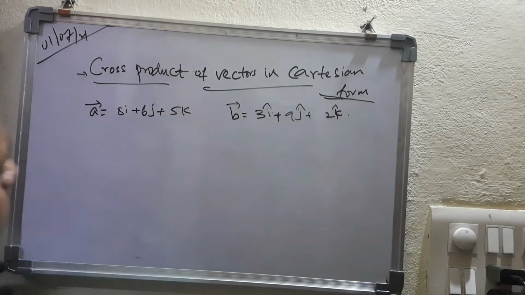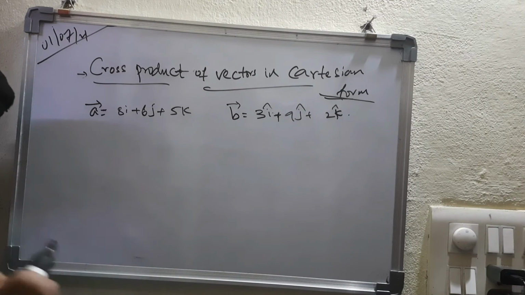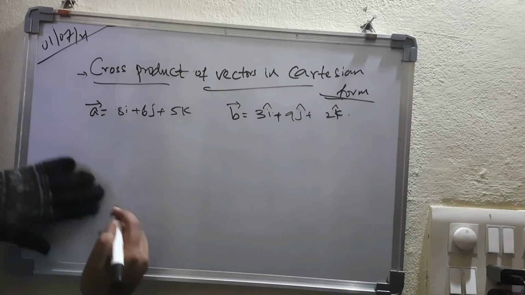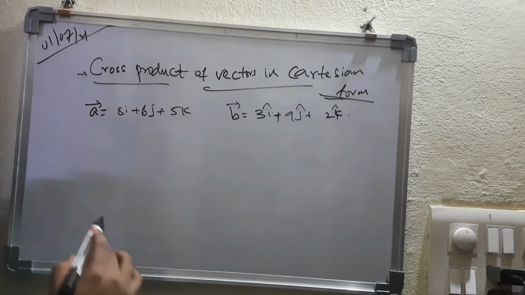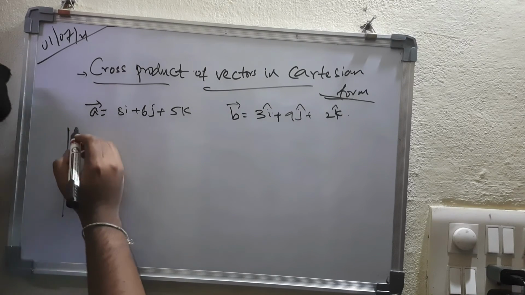Now for solving cross product of vectors in Cartesian form, you need to know some basic concepts of matrices or determinants. I don't know correctly, but I'll tell you the method.